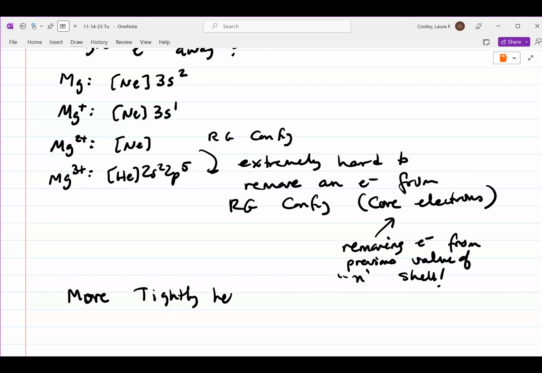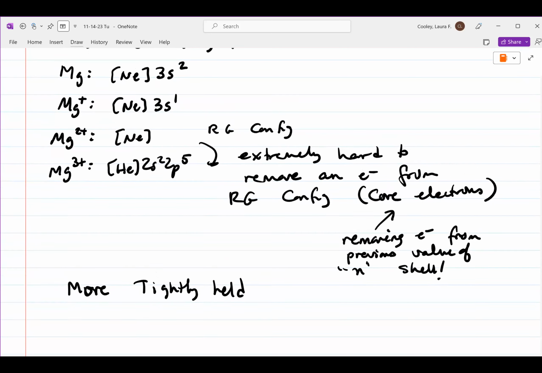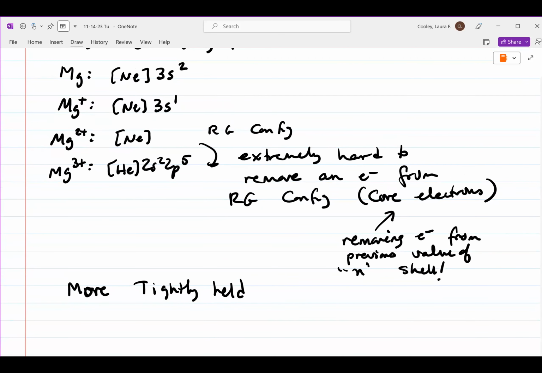Also, let's not forget that you're trying now to pull an electron away from an ion that's already got 2+ charges. That's a strong plus-minus attraction. So you're trying to pull it from a 2+, so it's more tightly held in the n=2 level or shell. That's one thing.